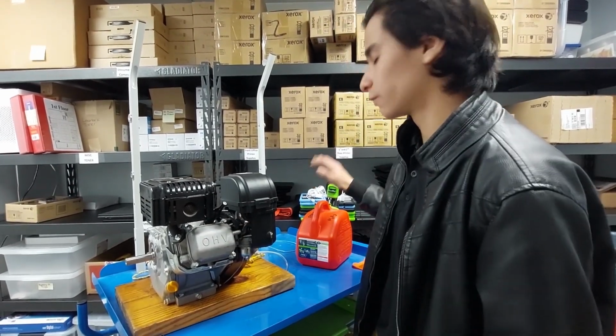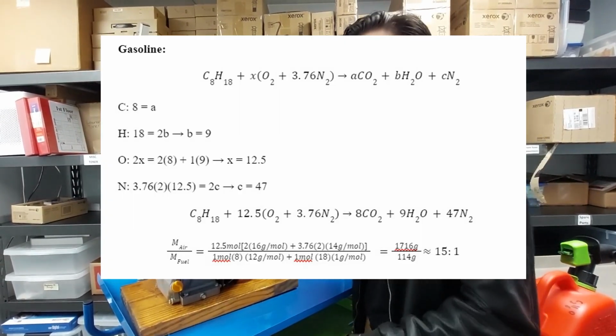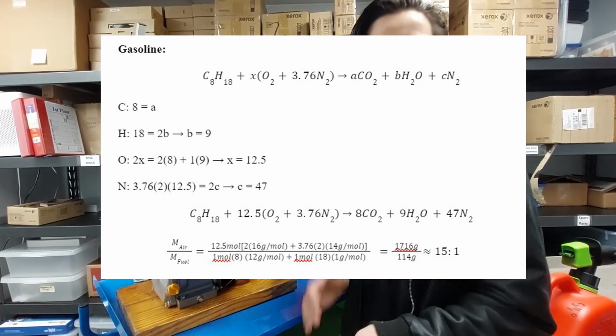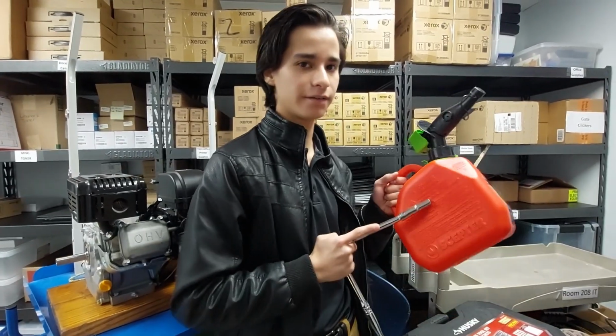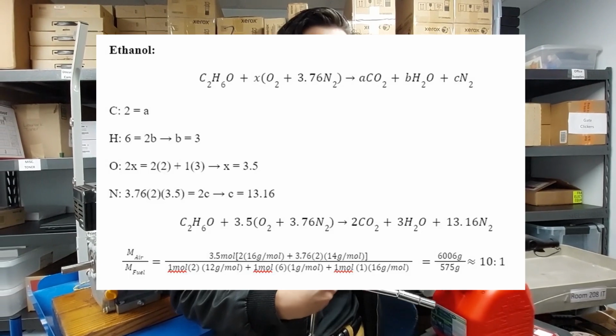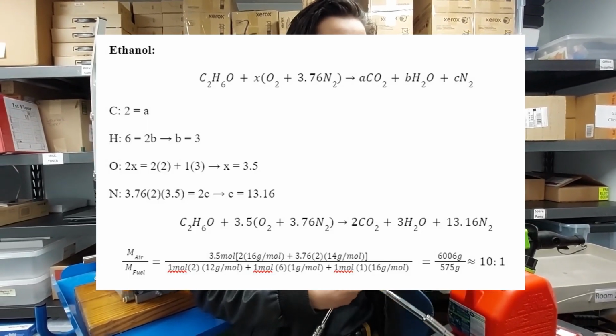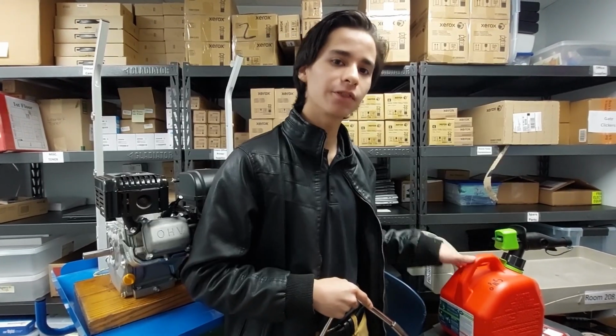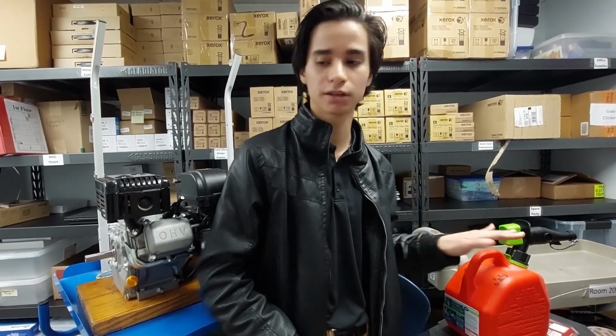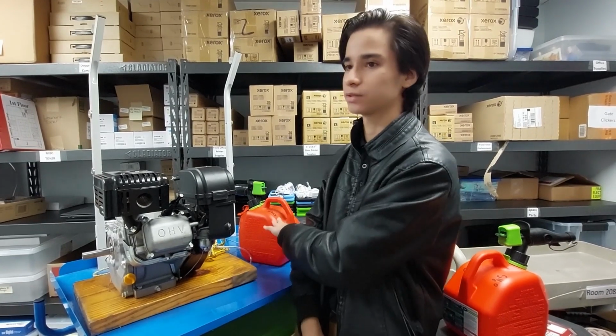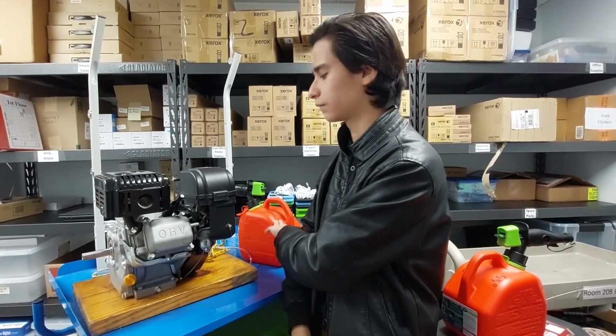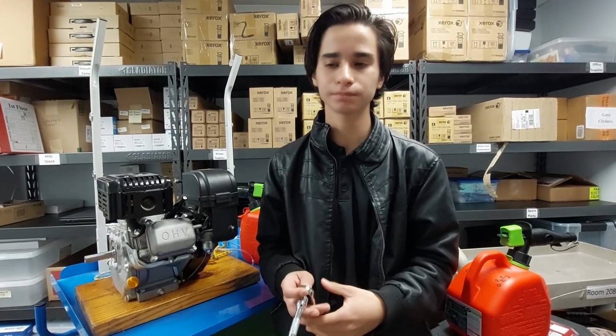For example, with gasoline it's approximately 15 to 1, and with E85 or pure ethanol it's approximately 10 to 1, which at first glance shows that ethanol requires less air in the combustion chamber, in comparison with gasoline, which requires more air or more oxidizer or oxygen.